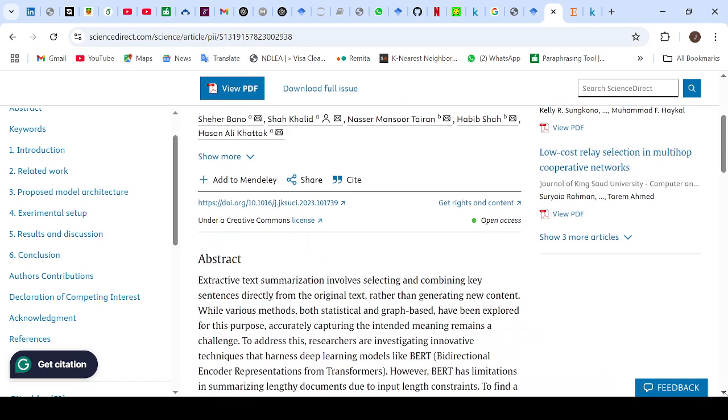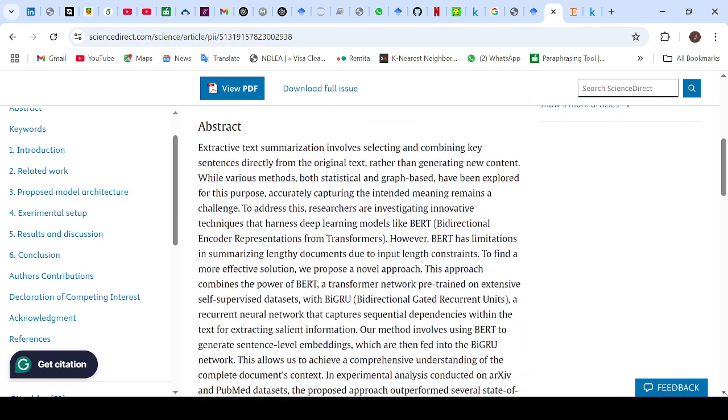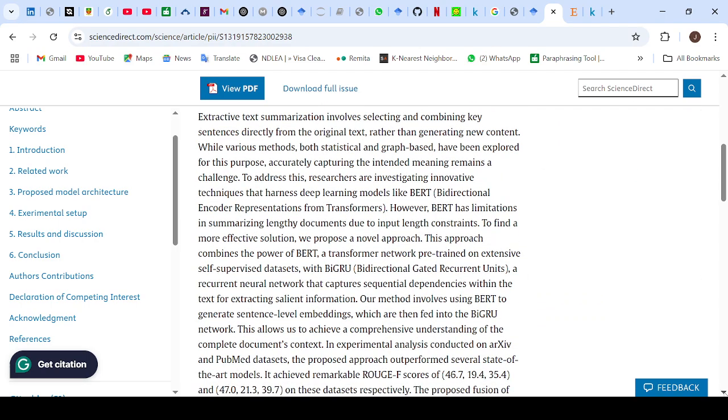So you can see the abstract. The abstract is a kind of summary of what they actually did. You can read it: extractive text summarization involves selecting and combining key sentences directly from the original text rather than generating new content. While various methods, both statistical and graph-based, have been explored for this purpose, accurately capturing the intended meaning remains a challenge.